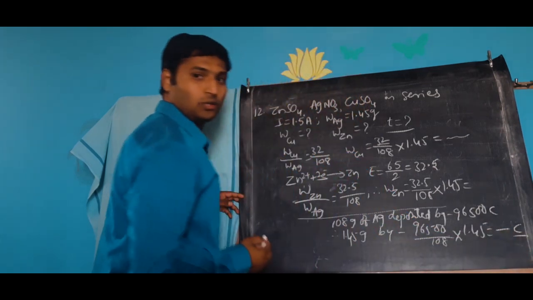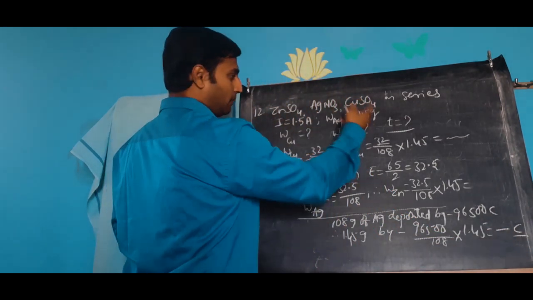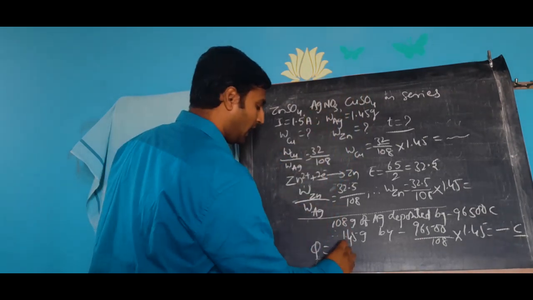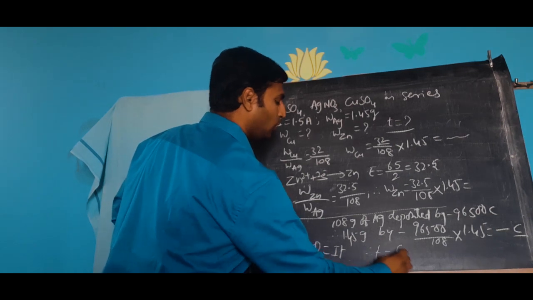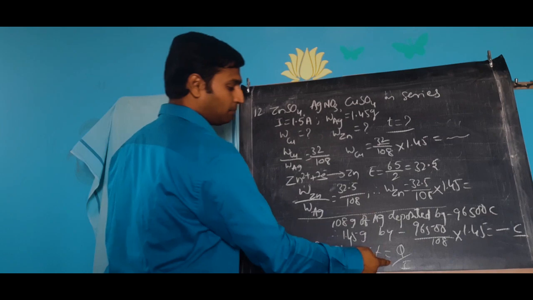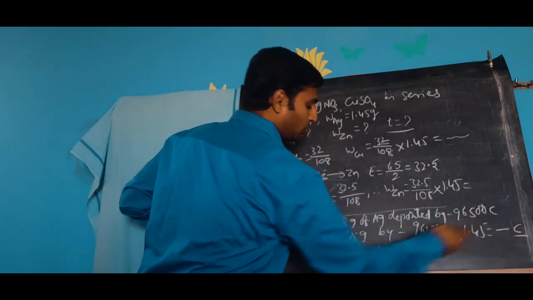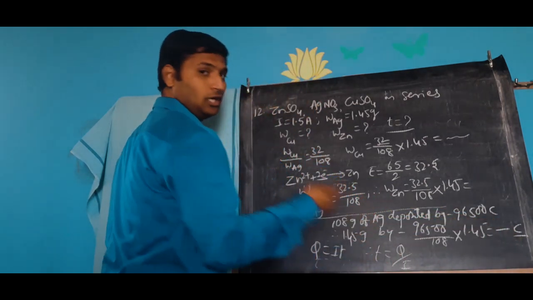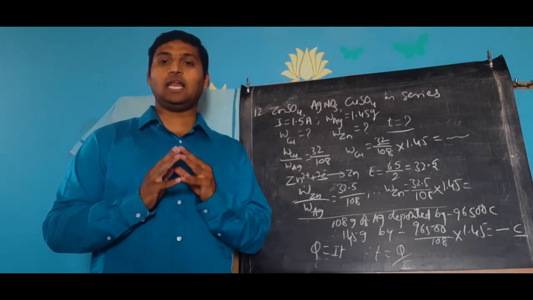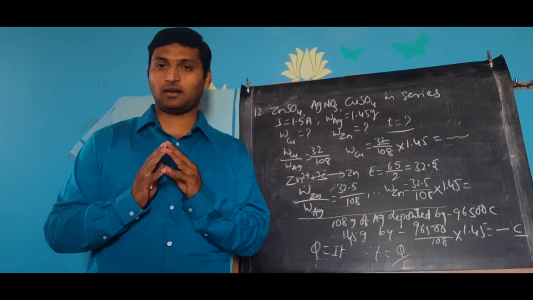Whatever coulombs you get is the total charge required to deposit so much. Therefore, Q, charge, is equal to I into T, so T is equal to Q by I. So divide this charge you get by the current 1.5 amperes to get the time in seconds. That is how Faraday's laws of electrolysis numericals are given to you.